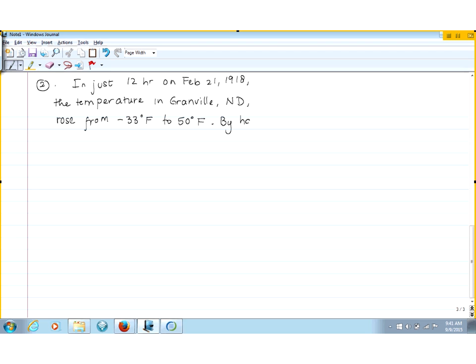Okay. By how much did the temperature change? All right. So it goes from negative to positive. So how would you answer this question?